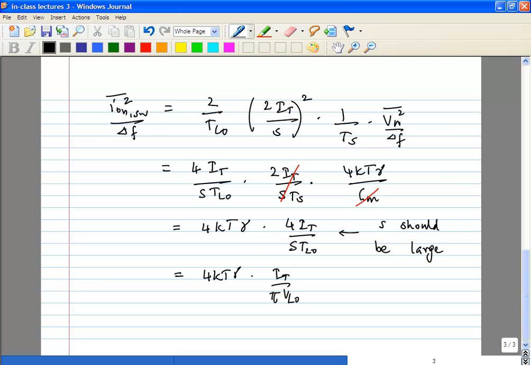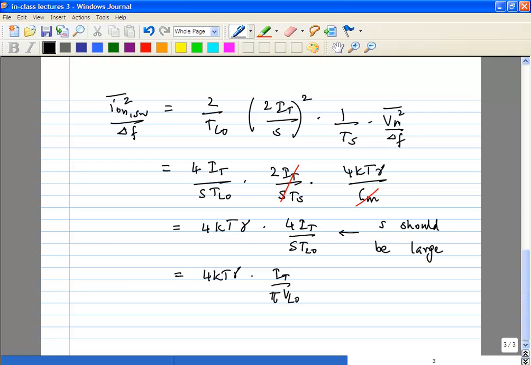What is the other thing you notice about this expression for the switch noise? Normally, if you look at transistor noise, let's say circuit noise, it depends on the gm of the transistor, so it depends on the bias current and on the width. Here you see that it depends on the bias current, but it's totally independent of the width.